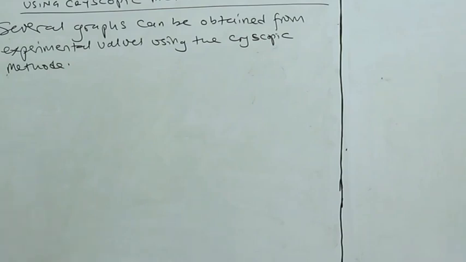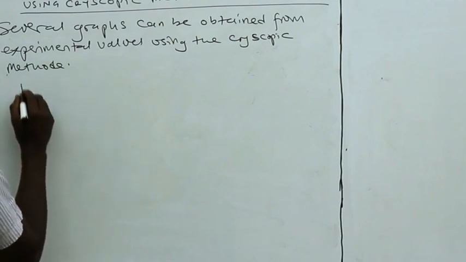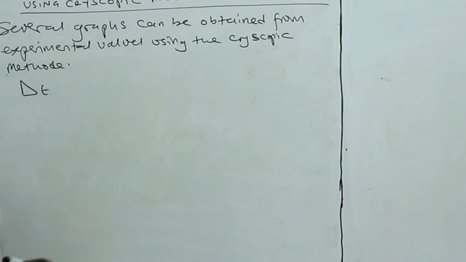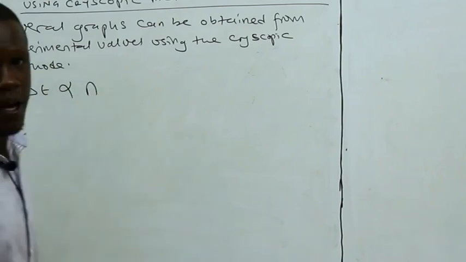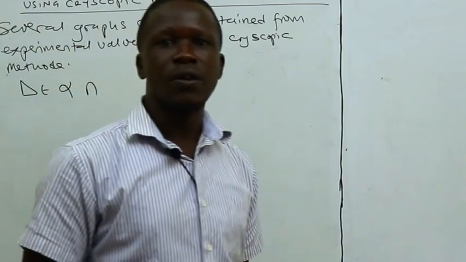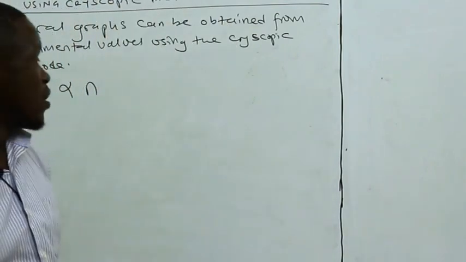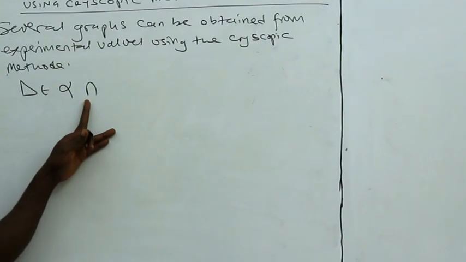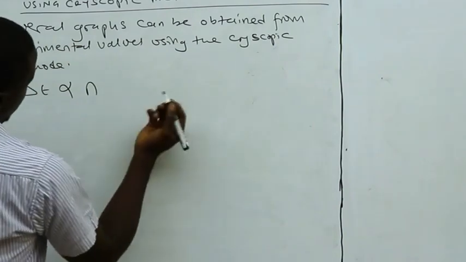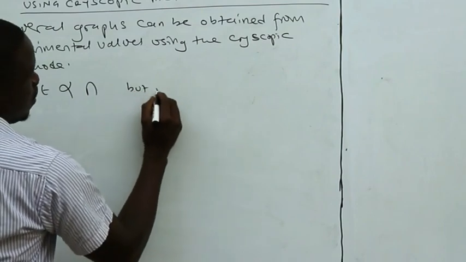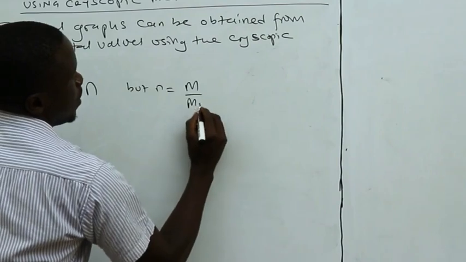We said that ΔT, a colligative property, depends directly on the number of moles of a solute added, but not the nature. If n is number of moles, we can say n is mass over molecular mass.